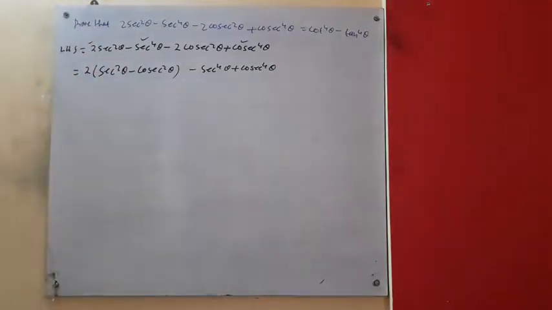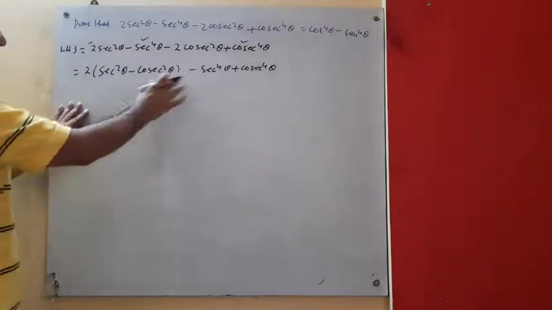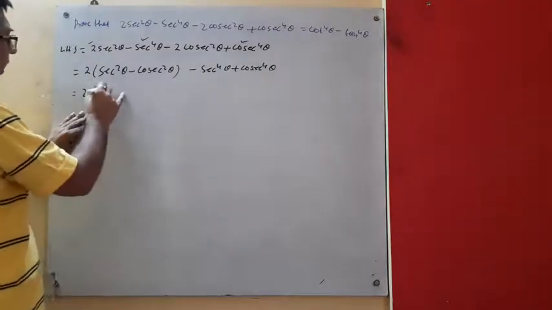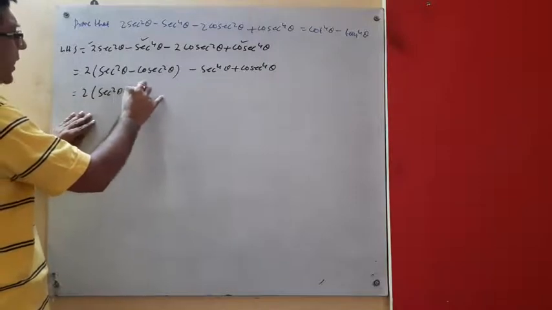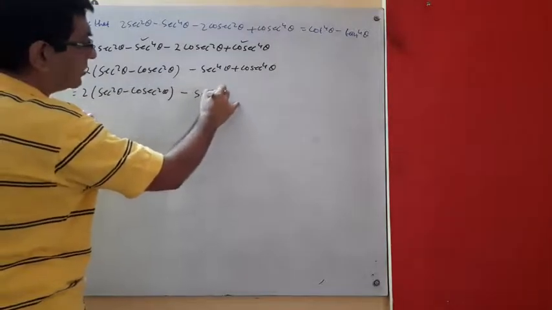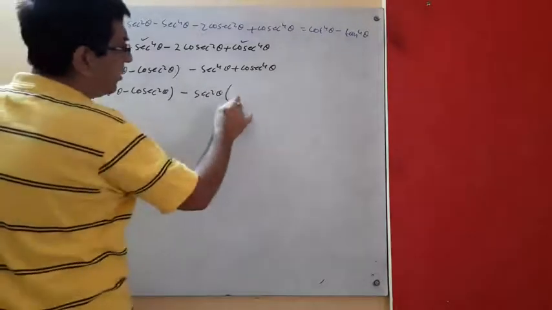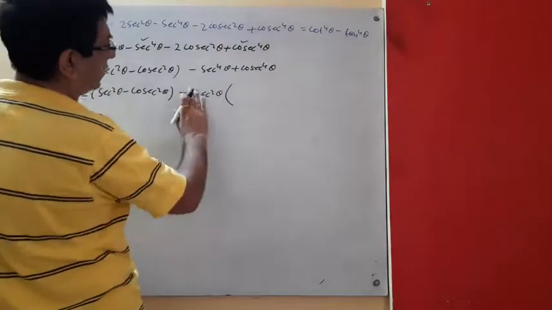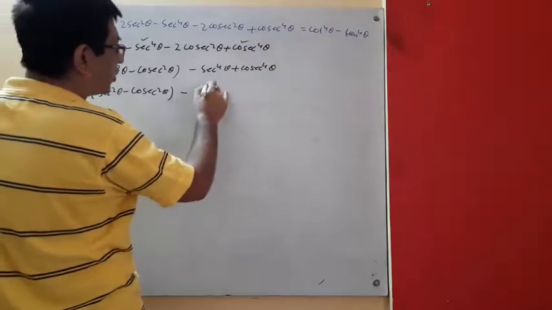Can you see it properly? Now, if we can do one thing, this is sec square theta minus cosec square theta, take common minus sec square theta. Is there any chance? If we take sec square theta, no, we cannot take sec square theta common. So what do we take common? Minus common.